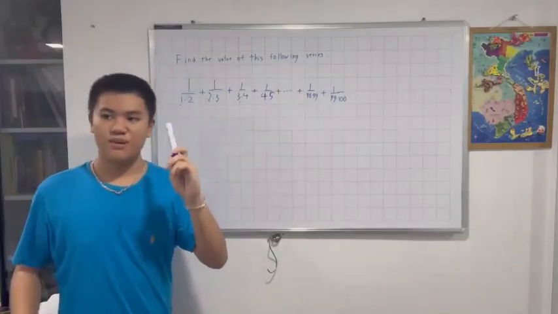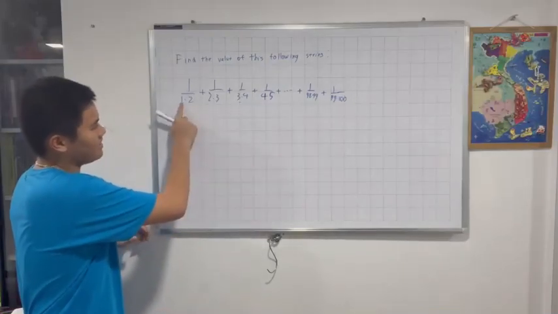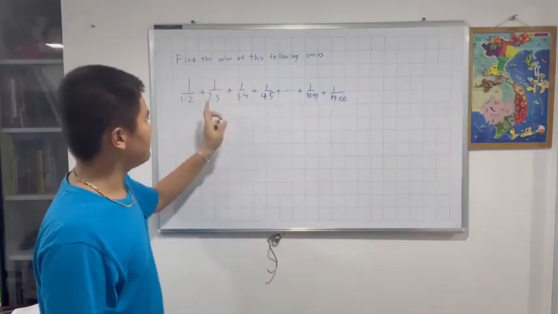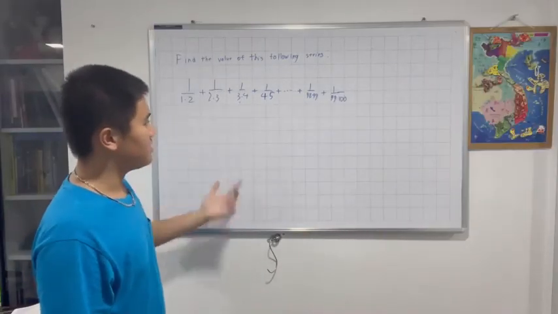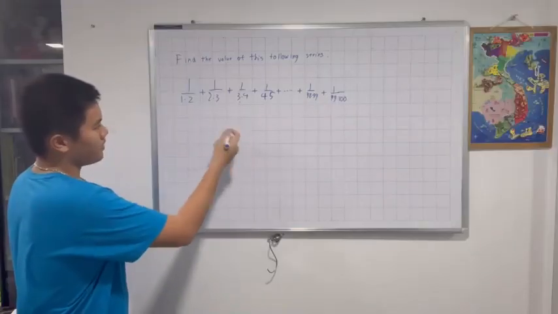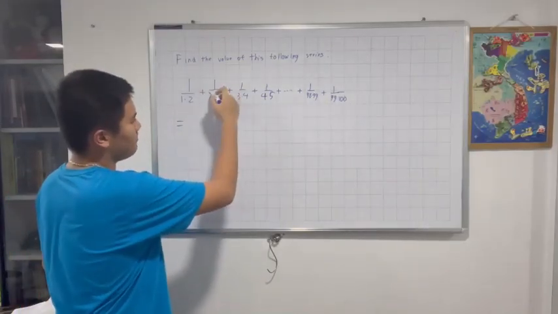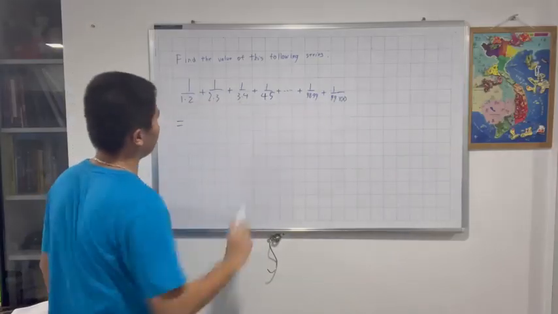What I'm going to do today is show you how we can quickly find the value of a series like this without having to find the value of each term individually, right?